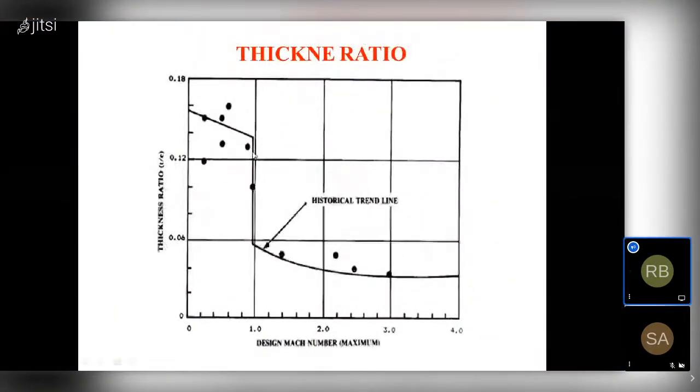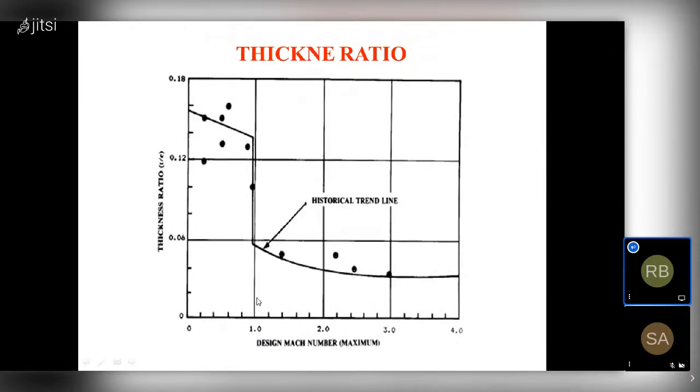This graph shows that if you are designing an aircraft which will go greater than Mach 1, then in that case we have to select the respective aerofoil. The thickness to chord ratio of that aerofoil should be in this range for Mach less than 1.